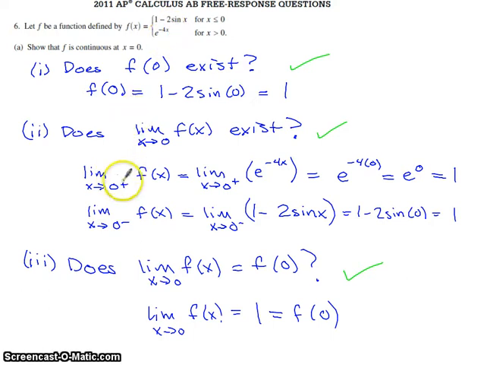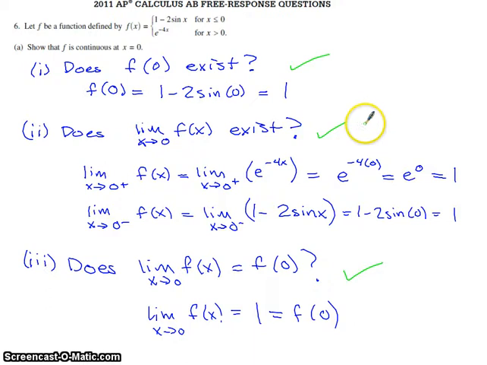So on the bigger side of 0, I use the bottom definition for the function, and then to evaluate that, I just tossed 0 in place of the x, and I got e to the 0, which turned out to be 1. And then as you approach 0 from the smaller side, we're using the top definition here. And if you evaluate that at 0, you get 1. So since these two one-sided limits equal each other, this overall limit is also going to be equal to that same thing. So check mark, yes, this does exist.